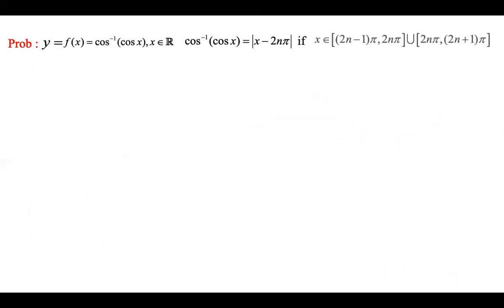So the same function y is equal to f of x is equal to cos inverse of cos x, x belongs to R. Cos inverse of cos x is given by that formula, x minus 2n pi, when x is in that interval. And remember this formula very well, children, because this application may be required even in some quadratic expressions also. In that equation, in the constant place, they will give cos inverse of cos of something.